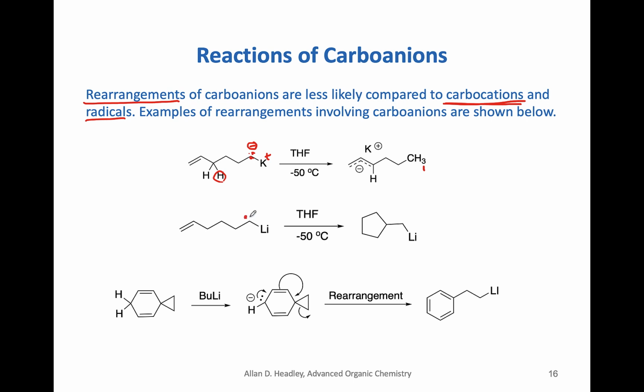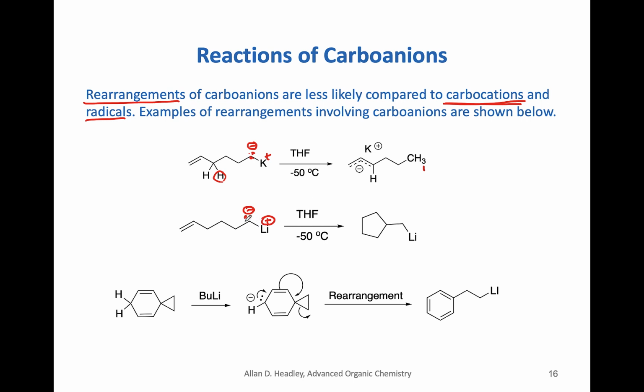Again, remember whenever we write RLi, this is really the anion and this is really the cation. We tend not to write it like a salt, as I mentioned earlier, because it has some covalent character, because it's not strictly ionic, such as sodium chloride.